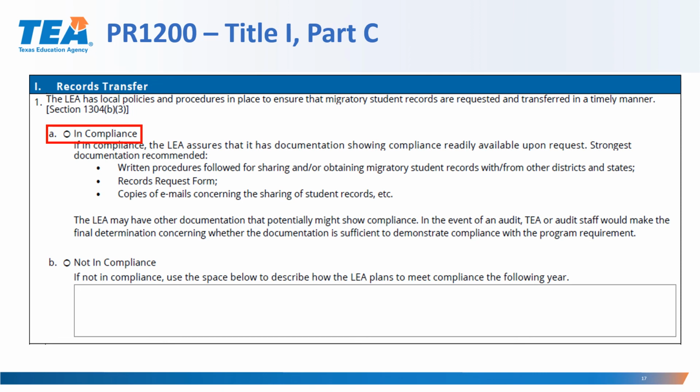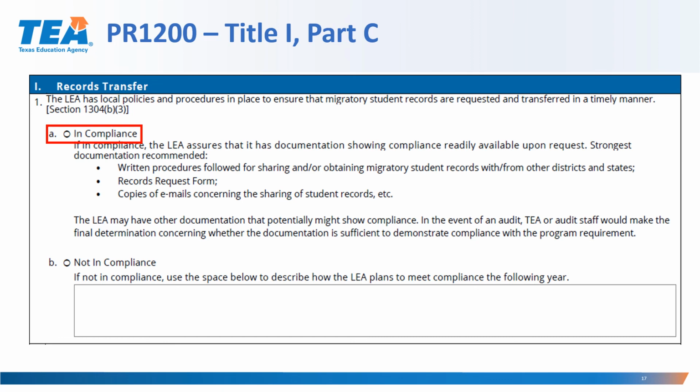One thing to keep in mind when it comes to emails: anything that has to do with student records and that has identifiable information has to be encrypted. Additionally, if the LEA accepts MEP funding, the LEA needs to have a policy and procedures in place whether or not it has students identified for the year, in the event that the LEA will identify MEP students later on.